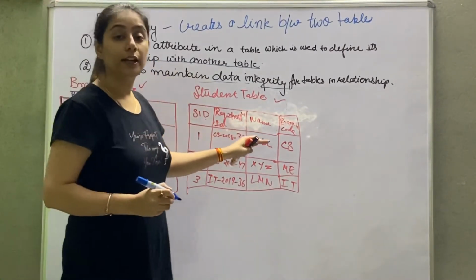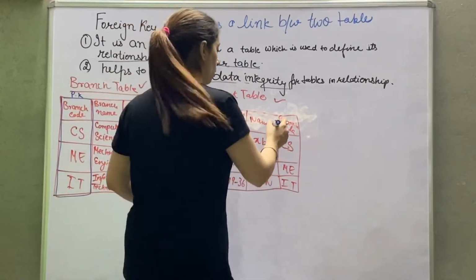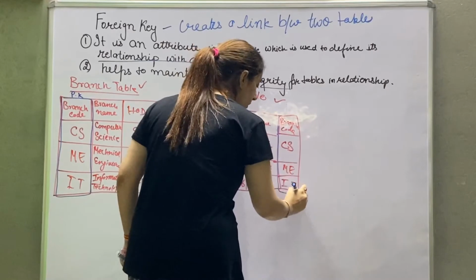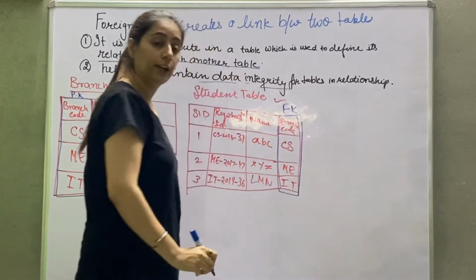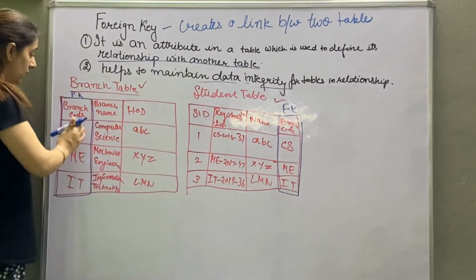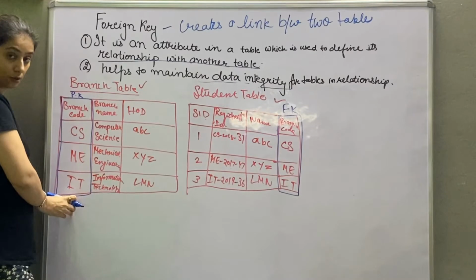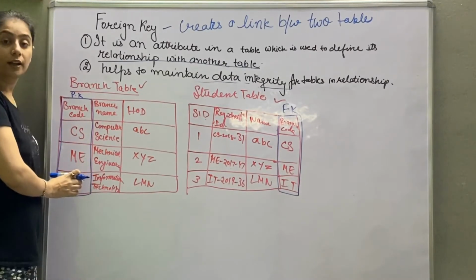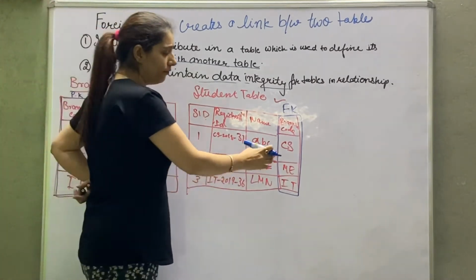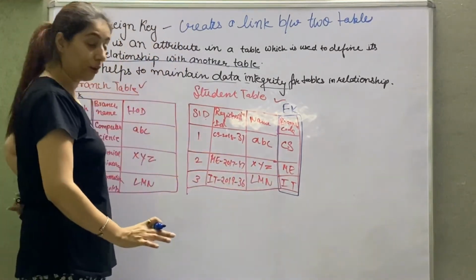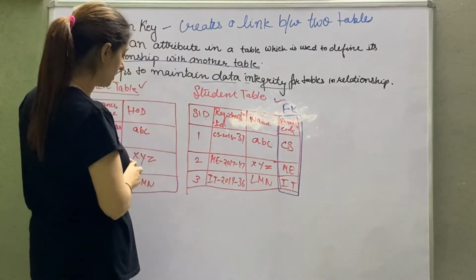Then definitely the branch code in the student table is going to be the foreign key. Clear? Now in the primary key column you cannot repeat the entries, you cannot enter duplicate data. But in the foreign key column we can have duplicate data. Suppose we create one more here.